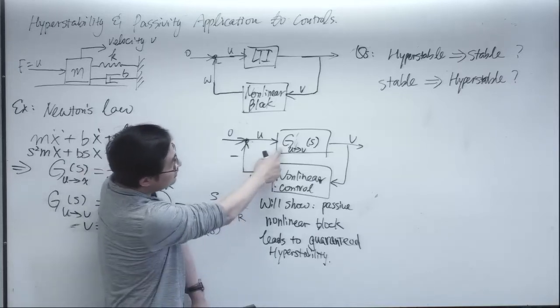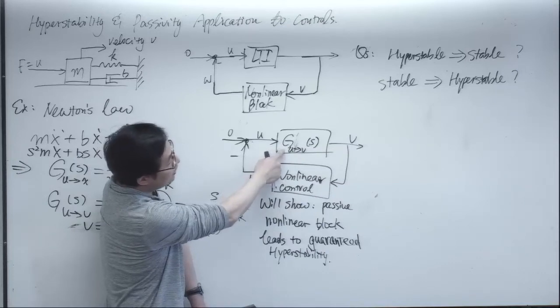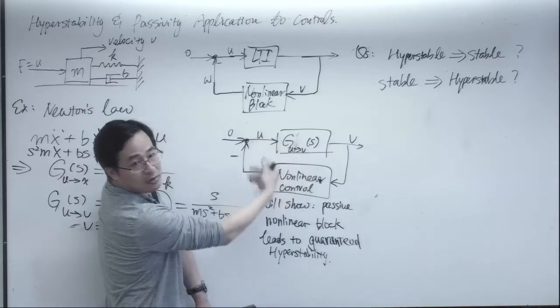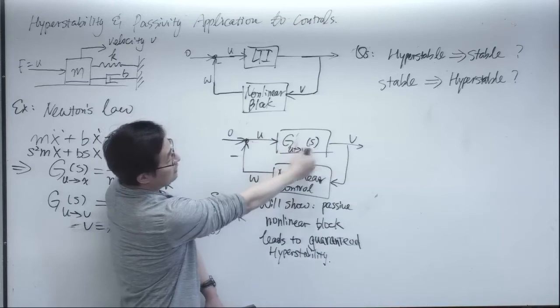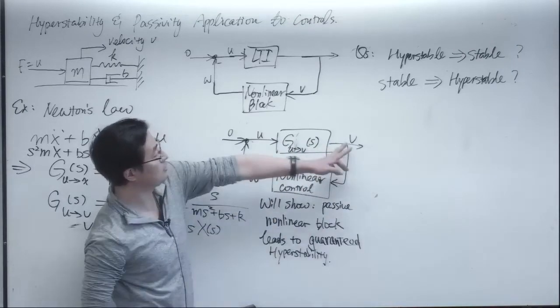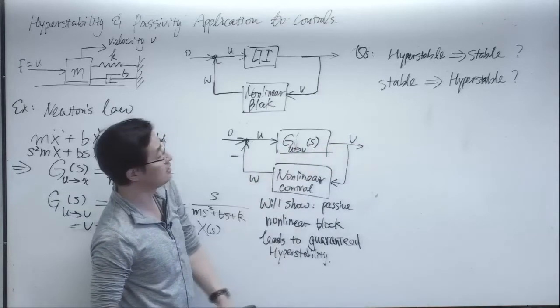And if this block consumes energy itself, if this is strictly passive, then if you supply finite energy to it, all the finite energy will eventually be consumed. And the only way for the output to exist is to gradually reduce to zero. The energy has to die down in the end.